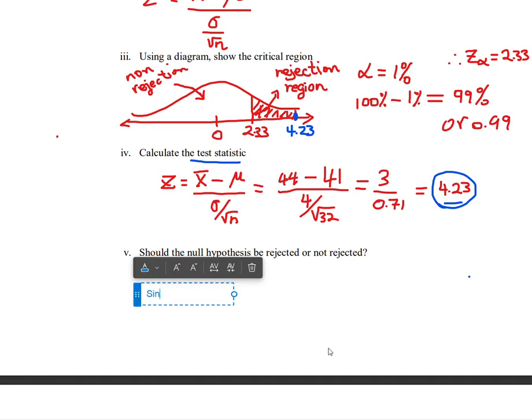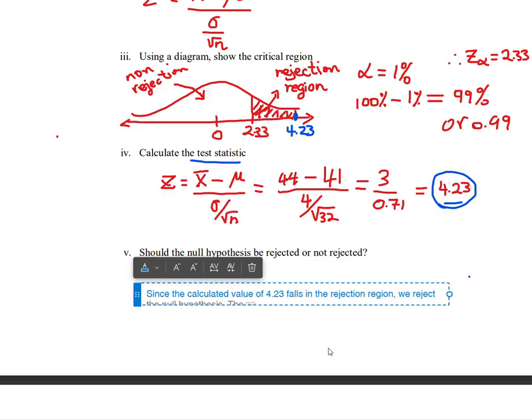So I'm going to say here, since the calculated value of 4.23 falls in the rejection region, our conclusion would be that we reject the null hypothesis.